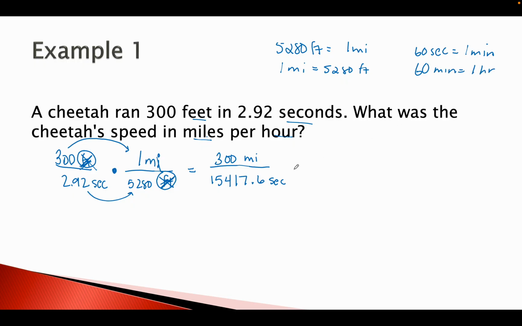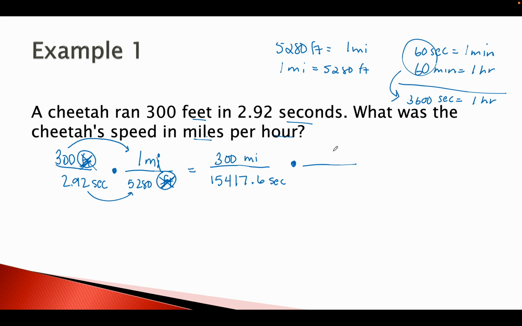We can take 2 steps to get there, or we can combine this to show that there are 3,600 seconds in 1 hour. That just saves us a step along the way if we do that in the beginning.